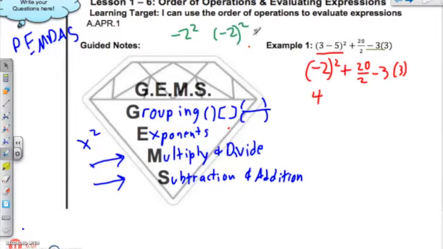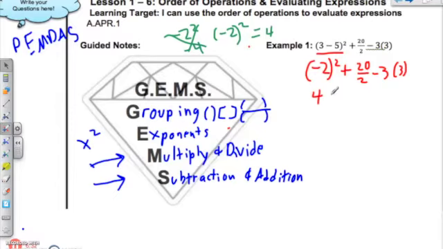That way it takes the -2 as part of the square and you get the +4 you're supposed to. If you do it this way, you're going to get -4, and that's going to throw your whole problem off. So be careful when you're dealing with negatives raised to a certain power. If it's an even power, it will always be positive, and if it's an odd power, it will always be whatever your original sign was.